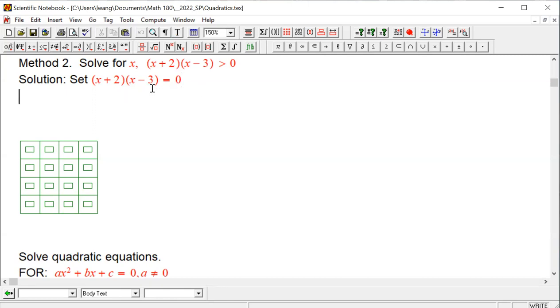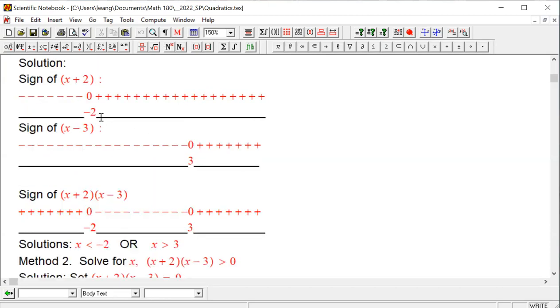They set it equal to 0 to identify the numbers -2 and 3 where the sign changes take place. You see x plus 2 is negative, and then becomes positive, and -2 is the place where x plus 2 changes sign.